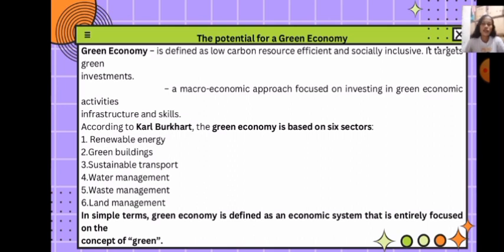So this green buildings is a proposal nga mag-produce or construct og kanang mga structures or buildings nga nag-undergo og process that are environmentally responsible and resource efficient, where it can help to maintain and improve the quality of life or the life of the environment kung asa man yung mga buildings nga located.